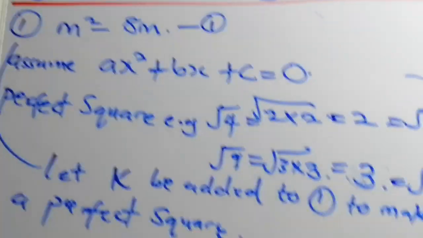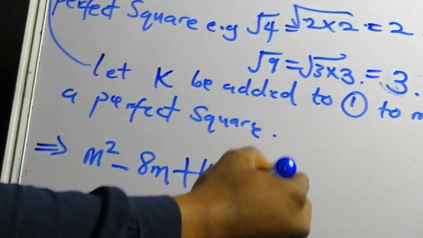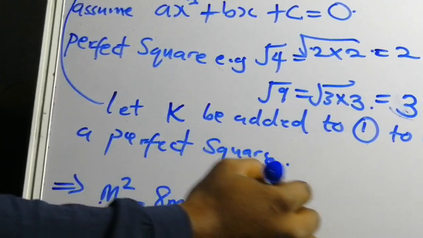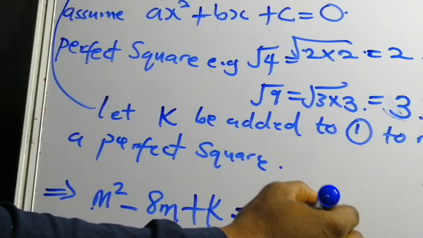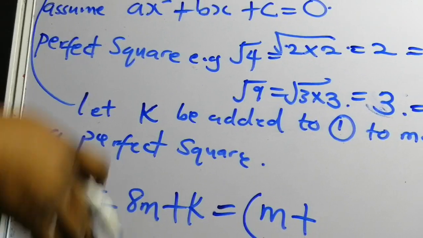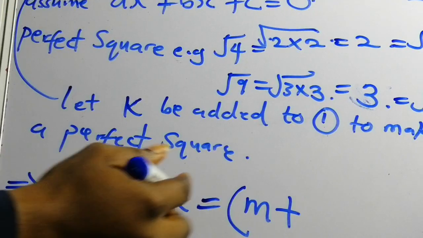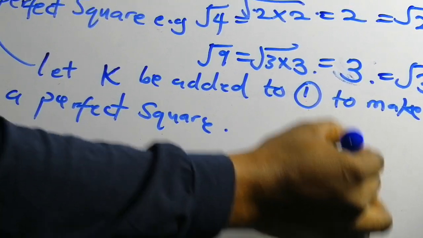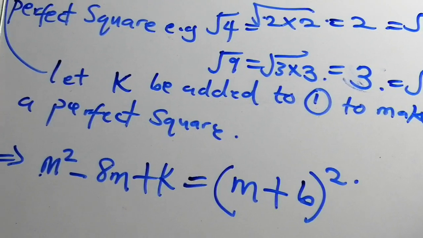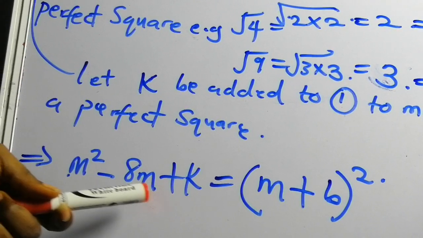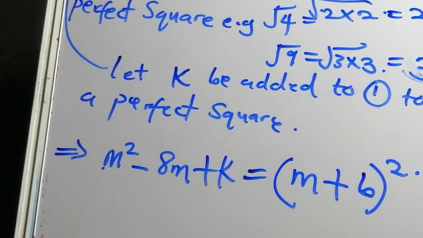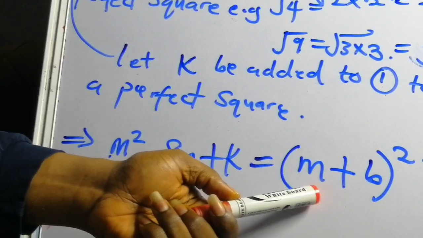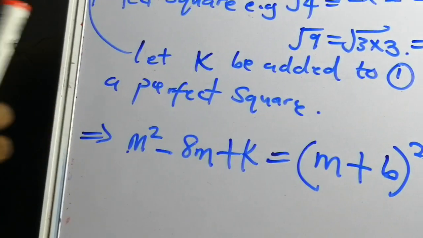Because we're dealing with a perfect square, it means I need to add something. What's the coefficient here? m. Let's say m plus something will make this a perfect square. Let me just say b, all square. That is it. So it means that I must add something to this to make it a perfect square. And for me to get a perfect square, I must square something.